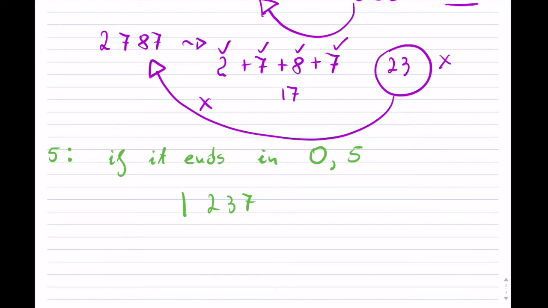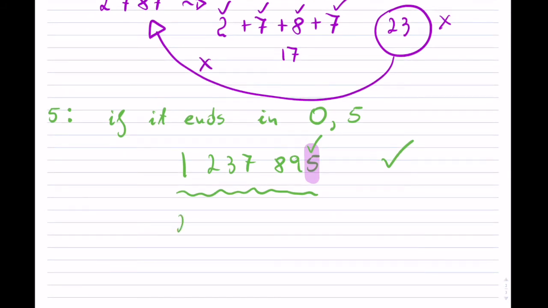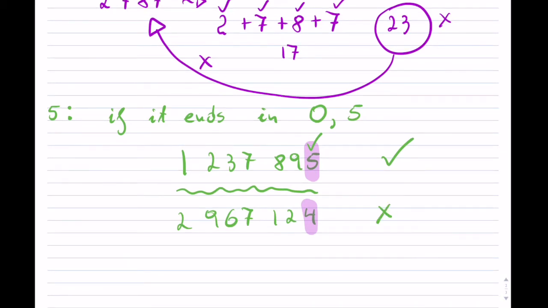I can write a monstrous number here, and all I have to check is the last digit to see if that entire number is divisible by 5. It is divisible by 5 if it ends in a 0 or a 5. So in this case, this number is divisible by 5. But if I change this, now the last digit is a 4. Therefore, the number is not divisible by 5.